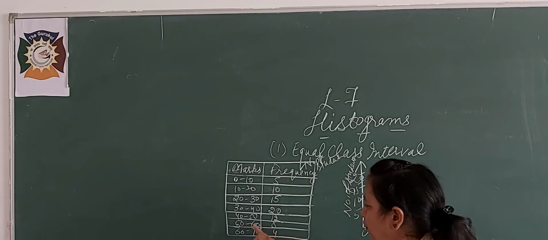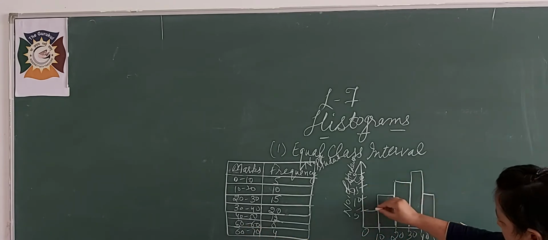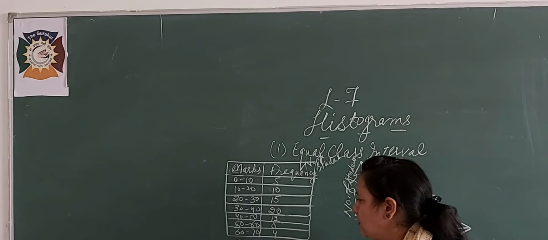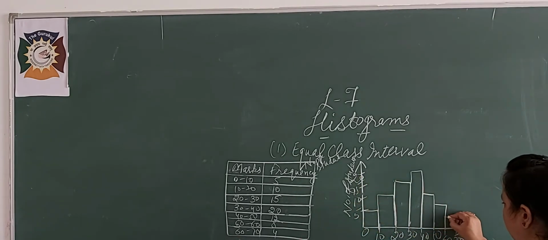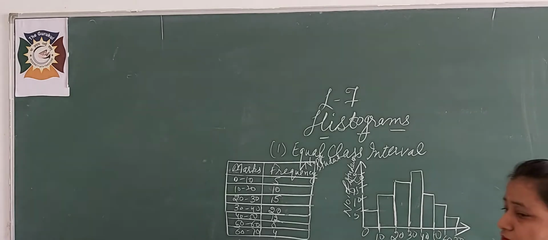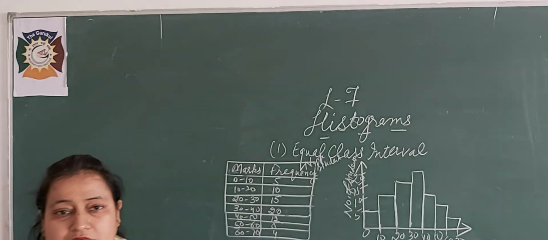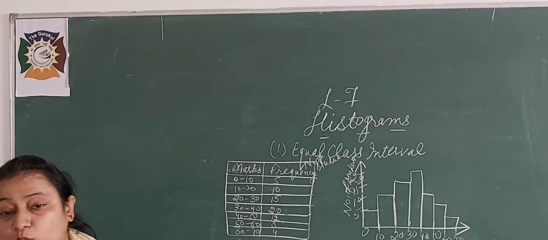Next 50 to 60, 8. Next 60 to 70, that is 4. This is histogram with equal class intervals, because class intervals are equal.